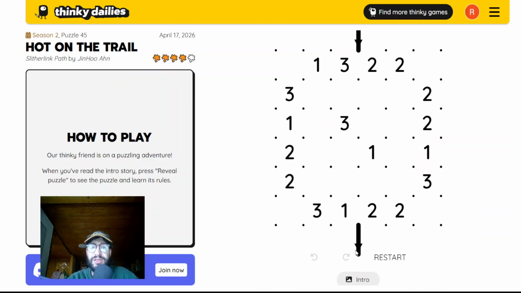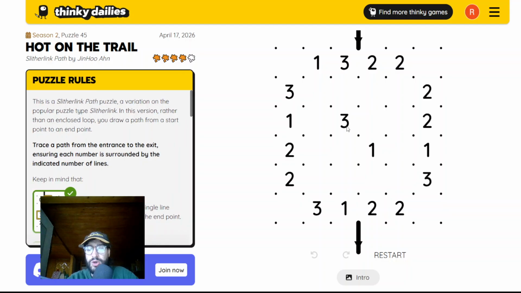Okay, this is Slithering by Jin Huan. So Slithering is a path puzzle, a variation of the popular puzzle type Slitherlink. Okay, this is Slithering path. In this version, rather than an enclosed loop, you draw a path from start point to the end point. Trace the path from the entrance to the exit, ensuring each number is surrounded by the indicated number of lines.